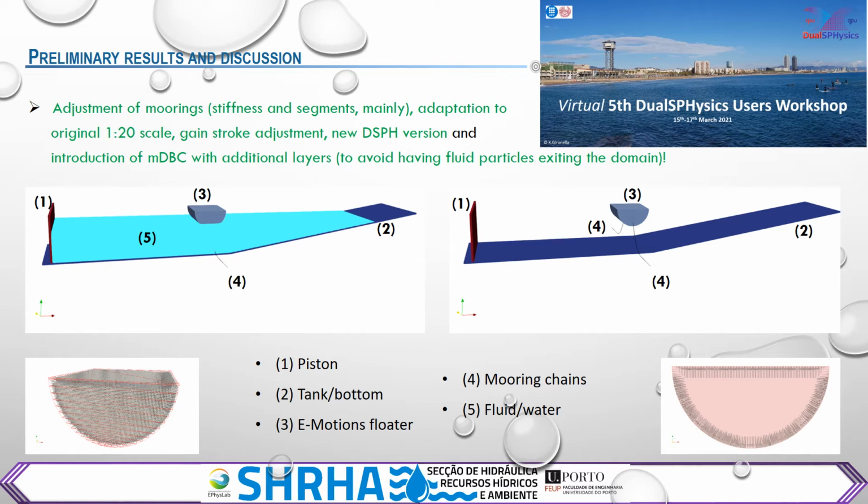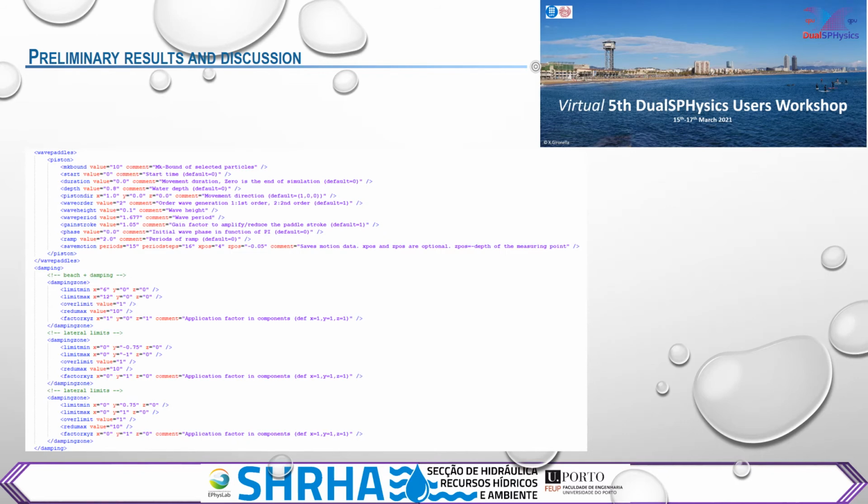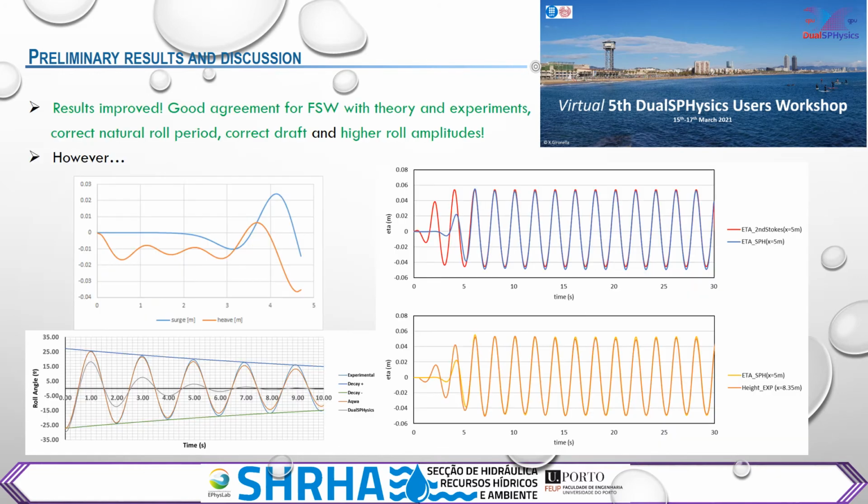You can see the model setup in this slide. And here you can see the XML, the various components, the piston, the tank itself, the fluid, everything, including the moorings. We also introduced some layers, some damping zones to reduce the domain even further. And the results improved massively. It's like night and day.